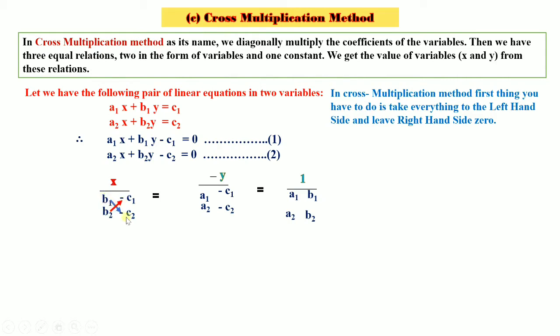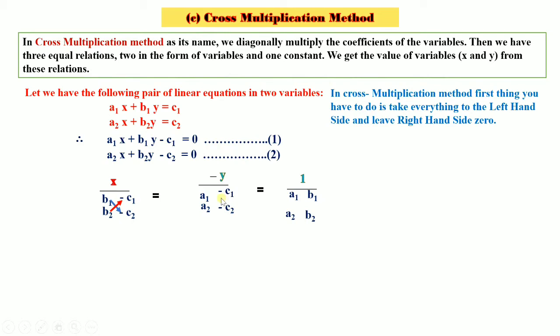When you are multiplying this way downwards, you will be writing positive, whatever their signs are. If both are positive, you will simply multiply. But while multiplying from downwards to upward, you will be taking one extra negative sign. For example, b1 into c2, then minus times b2 into minus c1. Understood? So this red mark means you will take an extra minus.